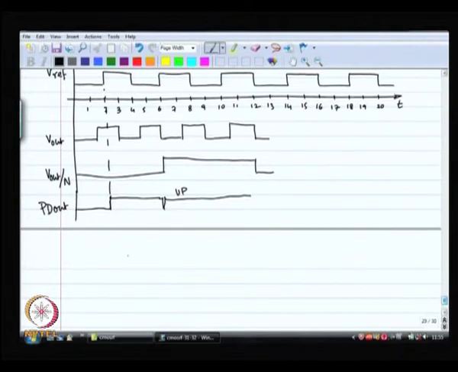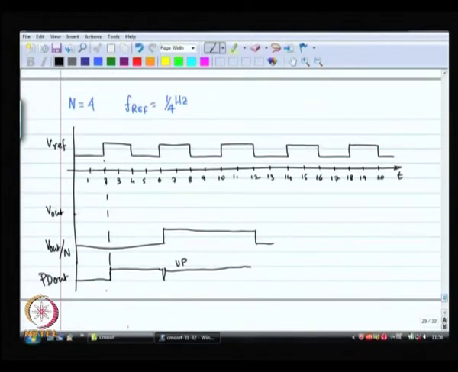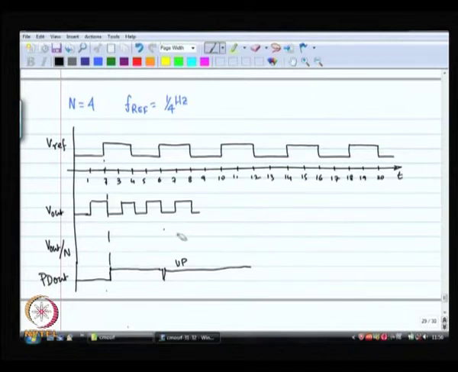All right. Now, suppose the output of the VCO keeps going up in terms of frequency till it becomes significantly faster. Suppose it now becomes 0.5 hertz. Okay, it is still not 1 hertz.